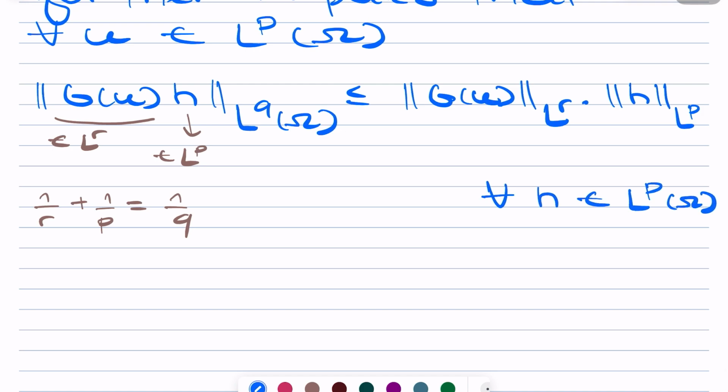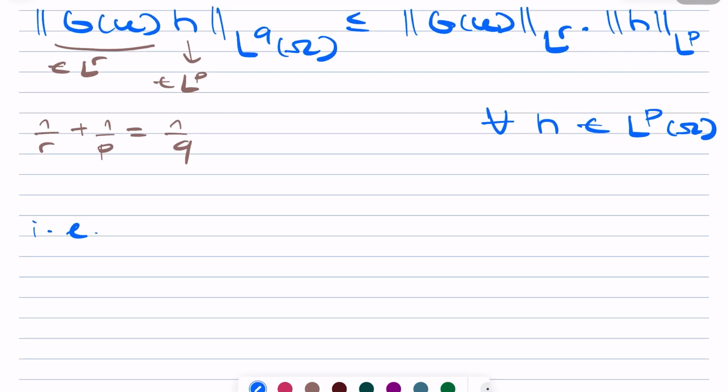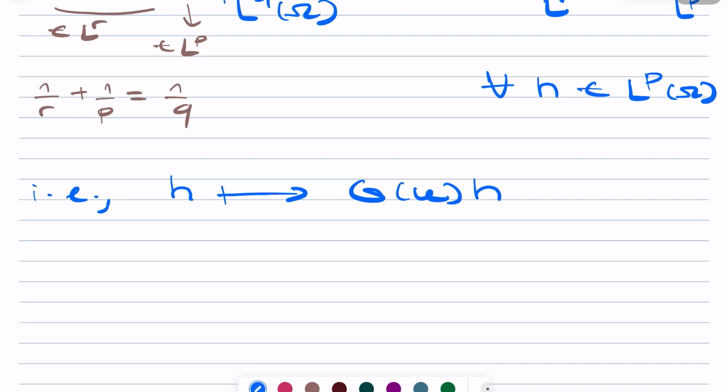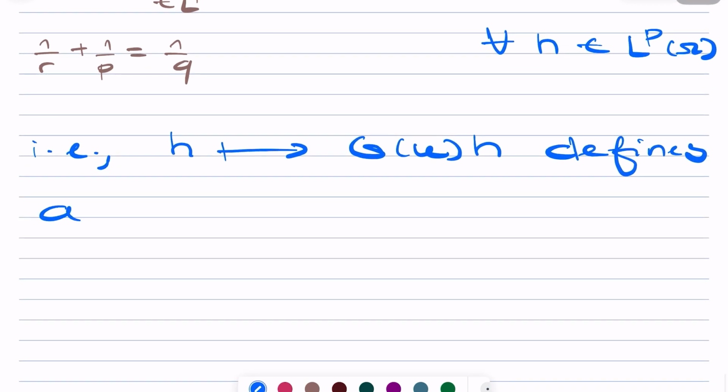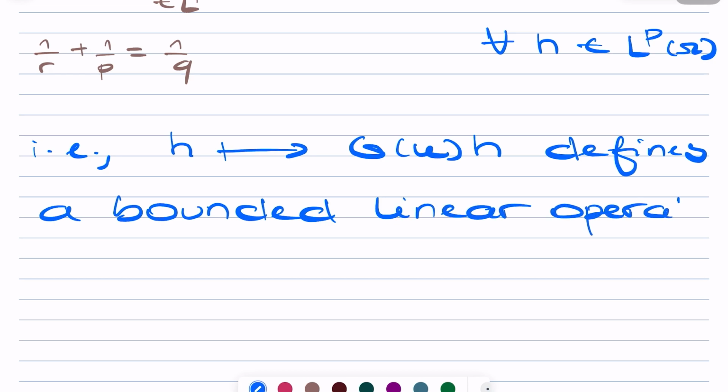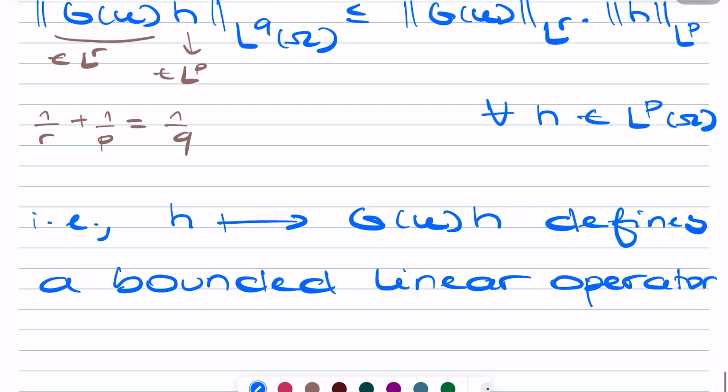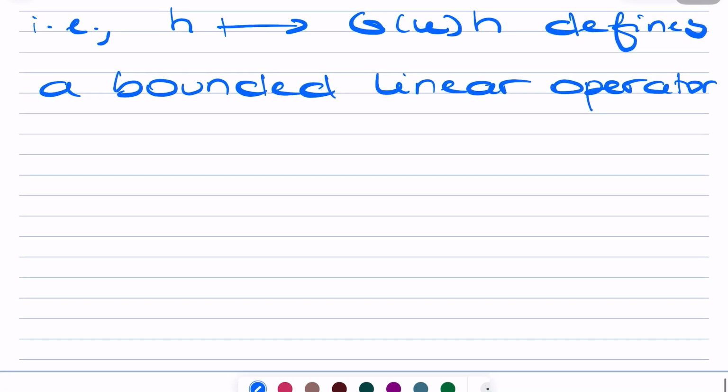So with this, we basically prove that the map which at h associates du applied to h defines a bounded linear operator that we call DFU.